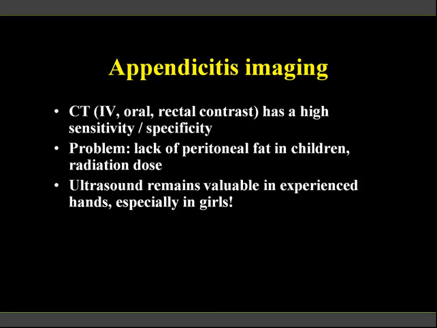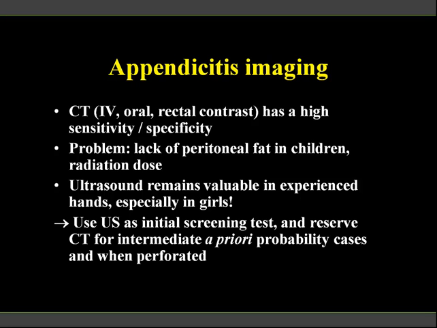Ultrasound is a very valuable test in experienced hands, particularly in girls, where we can also look for alternative diagnoses, such as ruptured ovarian cysts. So nowadays, the emerging protocol is to use ultrasound as an initial screening test and reserve CT for intermediate a priori probability cases, or when there's a suggestion of the appendix being perforated.